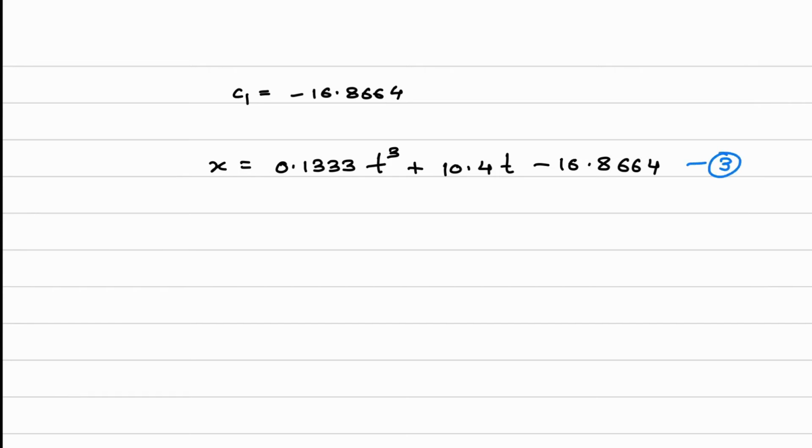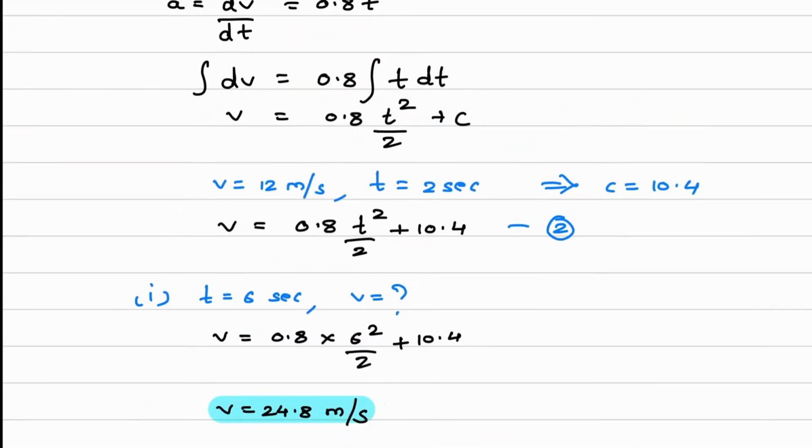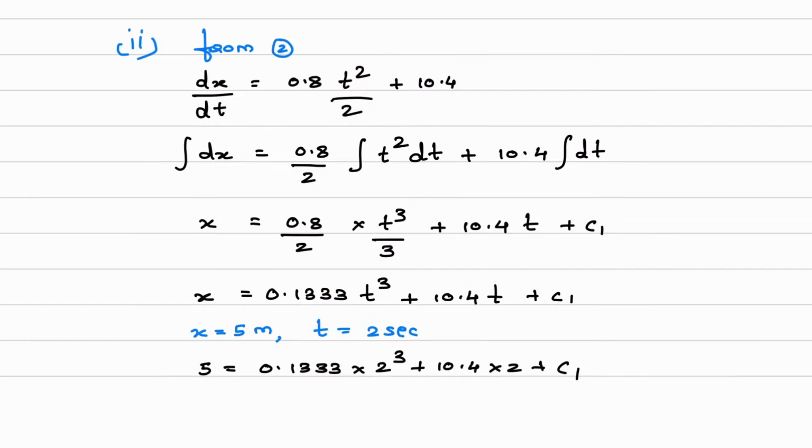What is asked in the question? When time is 6 seconds, we have to calculate the position of the particle. We have already derived the relation between position and time, so you just have to substitute the values.